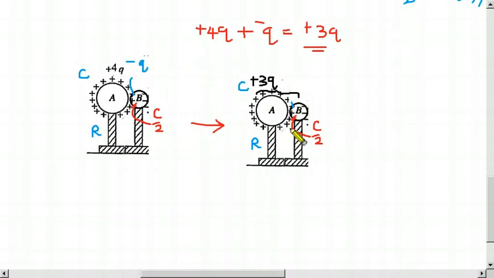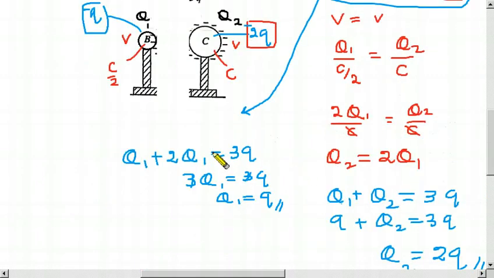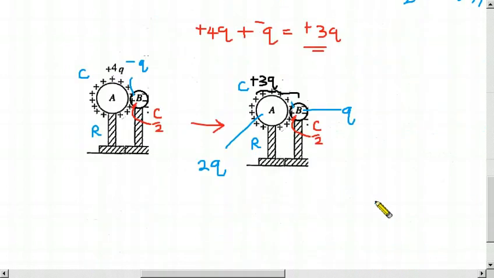So now we know how charges are distributed. From this 3q, 2q stays here in this bigger one, and only 1q goes to this smaller one. As previously, I don't calculate again, the same way, because the radius here is r, and r divided by 2 for this one. So at the same ratio this charge distributes between these two spheres.